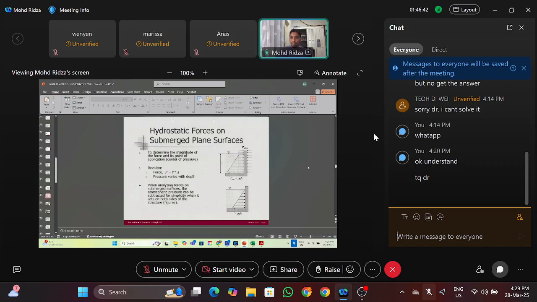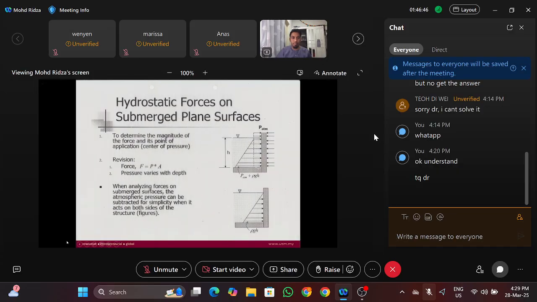P equals rho GH is the pressure at one point. So if my point is here, my rho GH is from the top, from here to here.